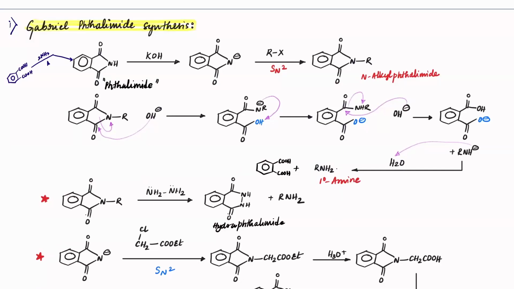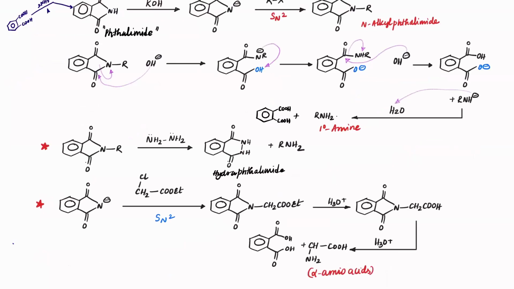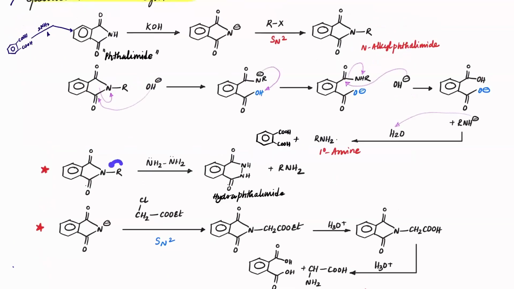Okay. Alternative method is that once you have some alkyl substitution up to this N-alkyl phthalimide, the step is the same. After that, suppose we react this with hydrazine instead of reacting with KOH.